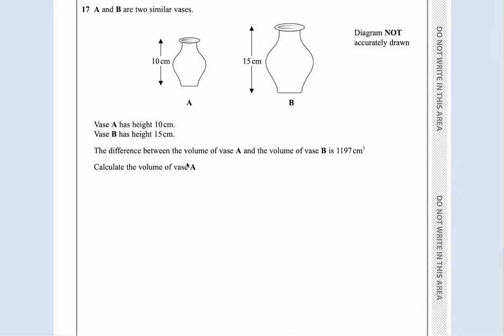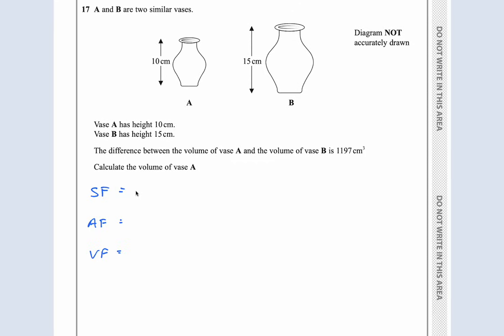Okay, so not a straightforward question, but these questions, guys, when we're talking about similar shapes and there's volume or area, I always go scale factor, area factor, and volume factor. I don't even know what I need to find, but I can get the scale factor.